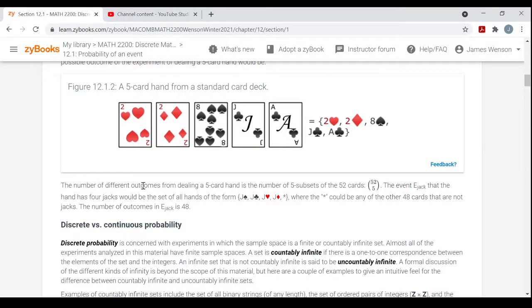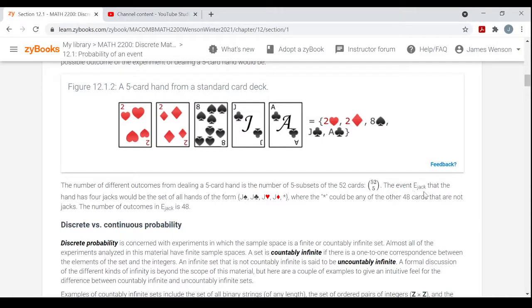The number of different outcomes from dealing a 5-card hand, as they mentioned, is the number of 5-subsets of the 52 cards, or 52 choose 5. That means the sample space, the list of all possible outcomes, has this many elements in it. There are this many 5-card hands that can possibly be dealt from a 52-card deck. And then you have here an event that is a subset of the sample space.